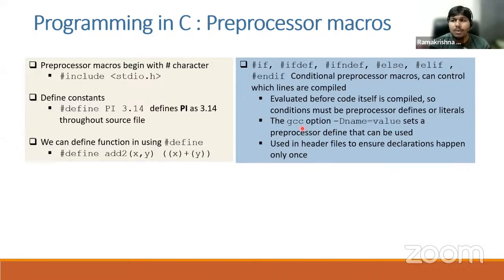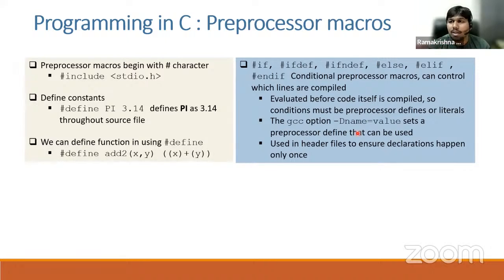In your code, I told you the flow can be decided by the compiler based upon the preprocessor macros, these #if and similar directives. There you can give an input from the command line, from the compiler command directly.